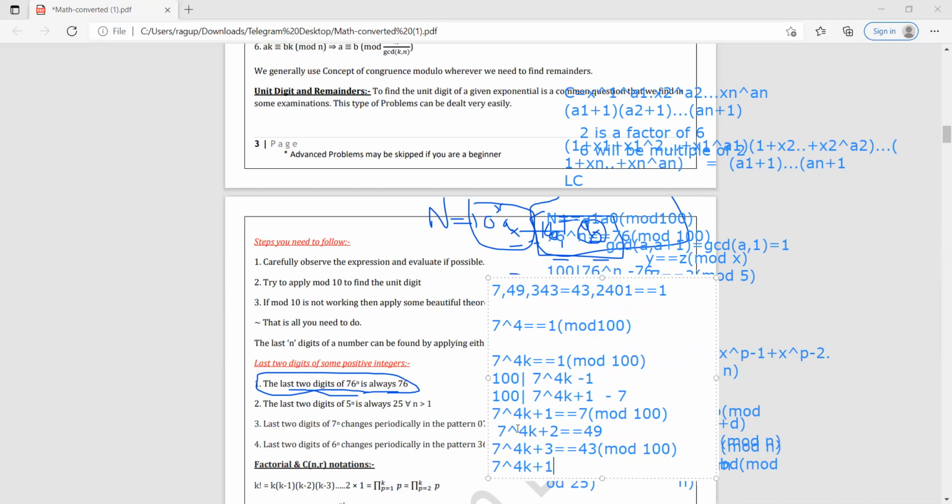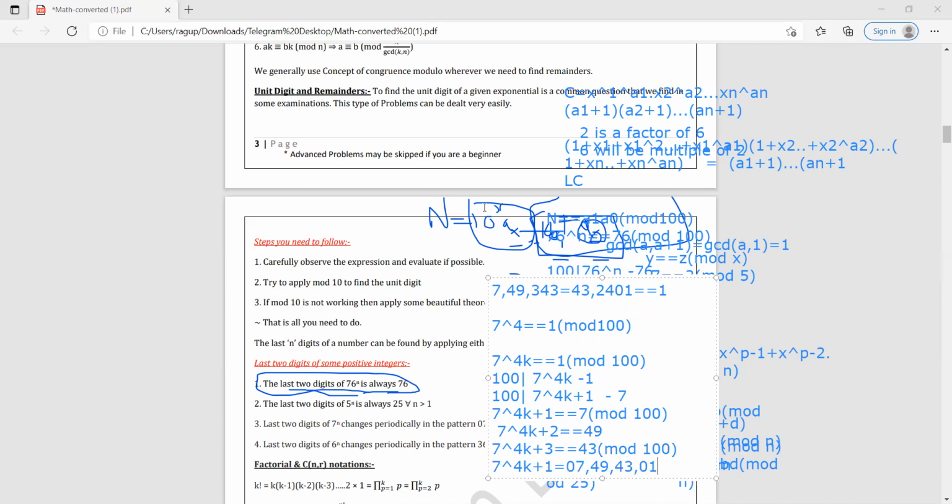So its last two digits are 07. So the last two digits of 7 raised to 4k plus 1 are 07. For 4k plus 2, 7 square has 49 as its last two digits. Then 43 and 01. So what we have done is formally prove the pattern which we were noticing by checking the powers of 7.